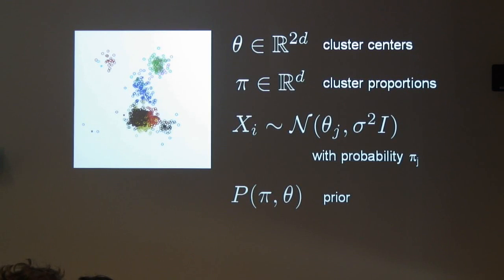So here you have a number of unknowns, which are theta, the cluster centers, and then maybe you want also to evaluate the relative size of the different clusters if you don't think they have all equal size. So you have pi, the proportion of each cluster. And the goal is to estimate that from data.